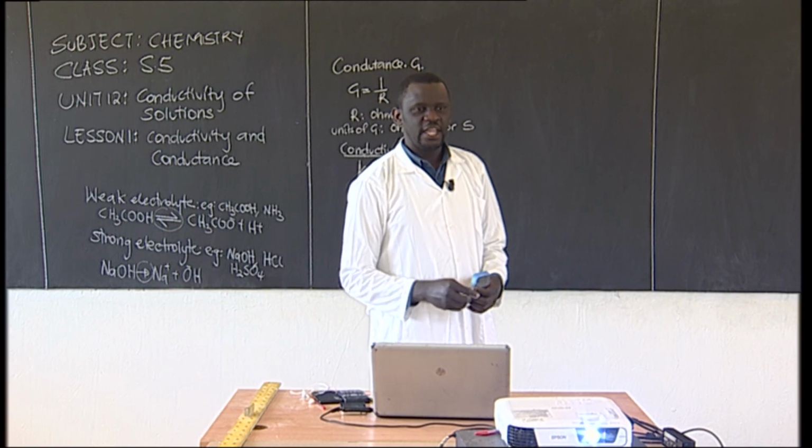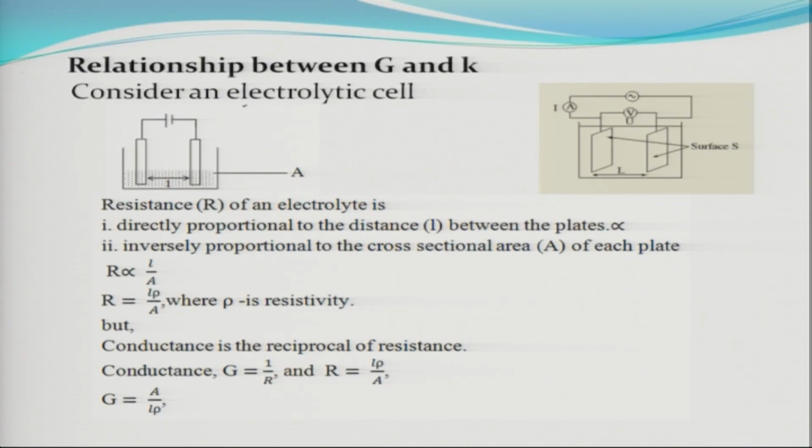So we are going to look at the relationship between G and K. That's the relationship between conductance and conductivity. We can get it from this law, which says that the resistance of an electrolyte is directly proportional, this has been proved, to the distance L between the plates.